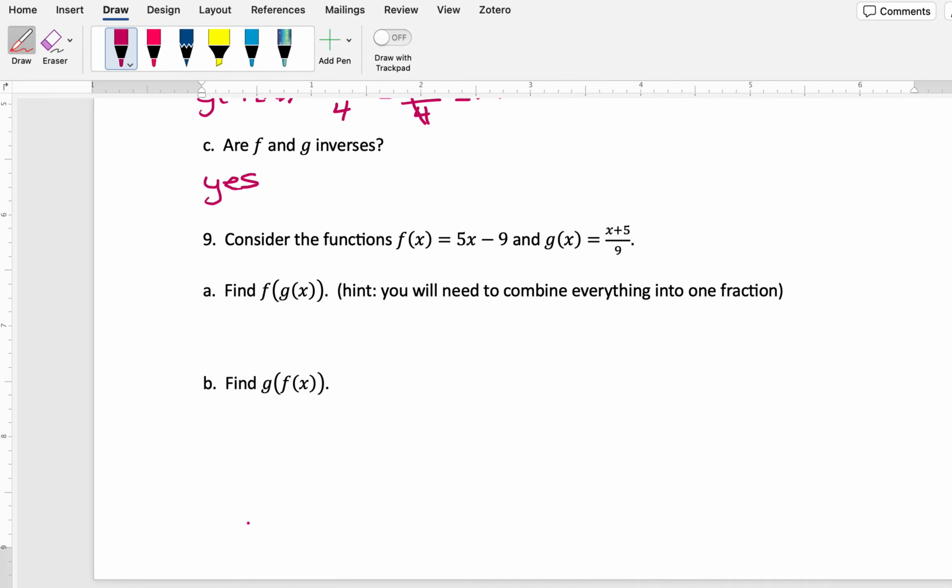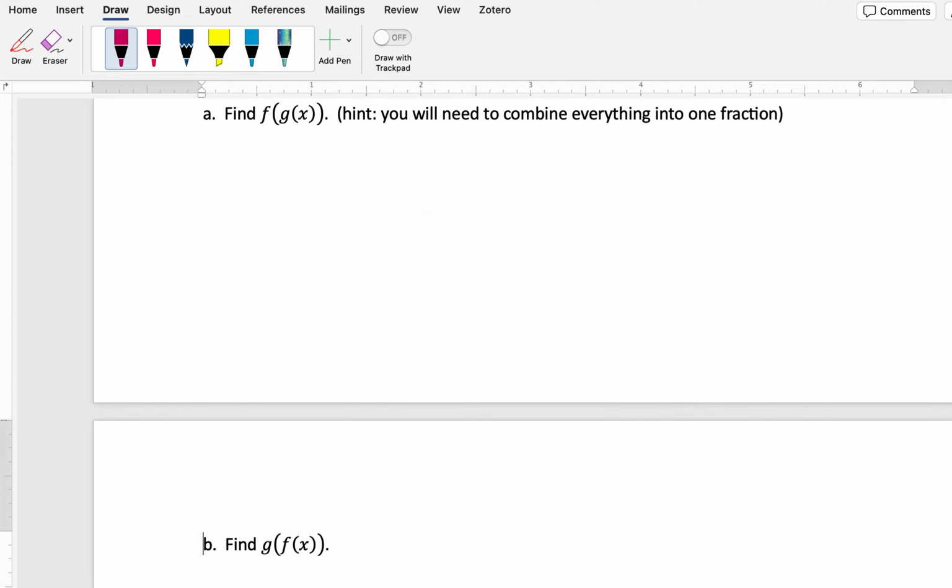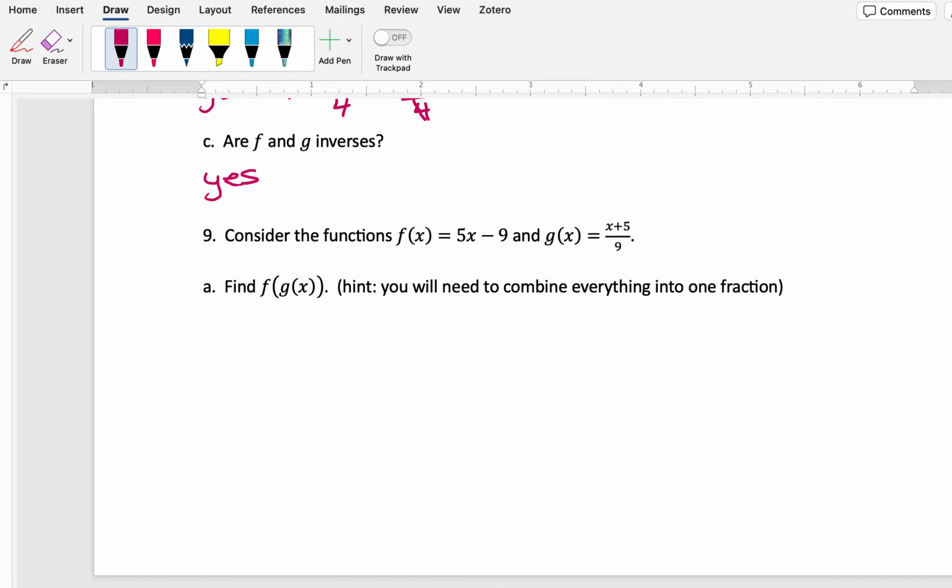All right, for number 9, we're going to look at another example. So the first one that we're going to do is f of g of x. I'm going to give myself a little bit more space here to write. So f of g of x means that we're plugging g into f.